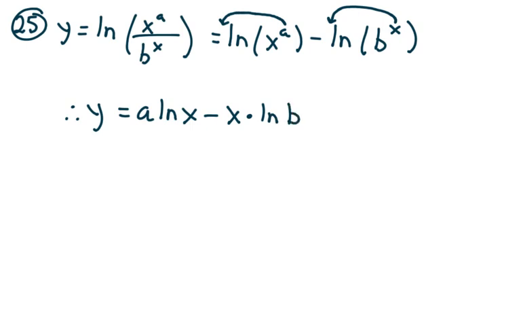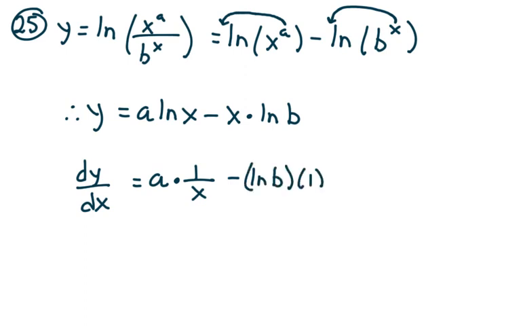A and b are constant, and so if b is constant, natural log of b is constant. And so if I want dy dx, I'm going to get a times 1 over x minus natural log of b times 1.